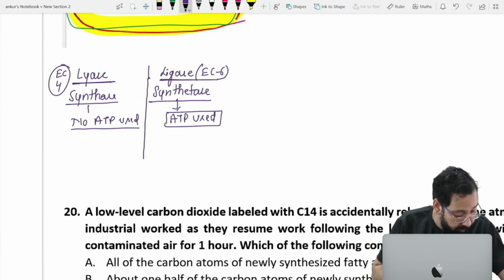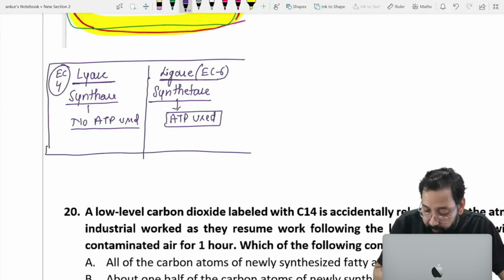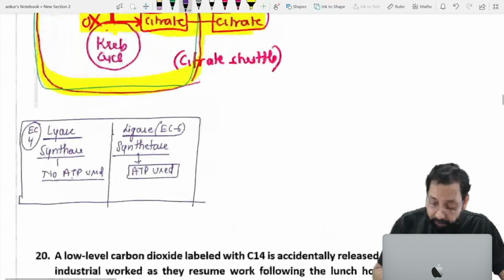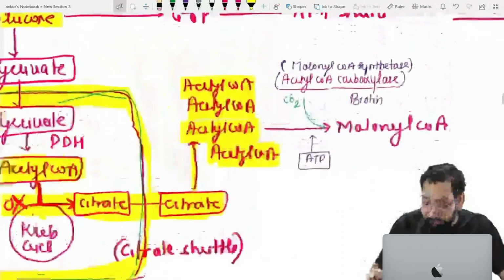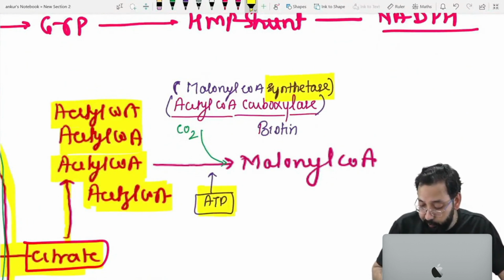Synthetase, ATP is used. So we will put this in a box. The question has been asked, what is the difference between lyase and ligase? Lyase, no ATP used. Ligase, ATP used. Okay, clear? Good. So EC number 6, this is synthetase, and ATP is used.